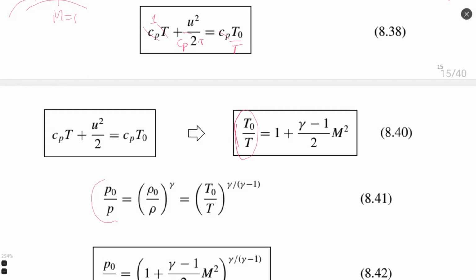I hope for now it's correct. So we start to receive U squared divided by Cp T multiplied by 2, plus 1, equal to T0 divided by T. 1 plus remains from the first part of the equation. Okay, and now we remember relation.